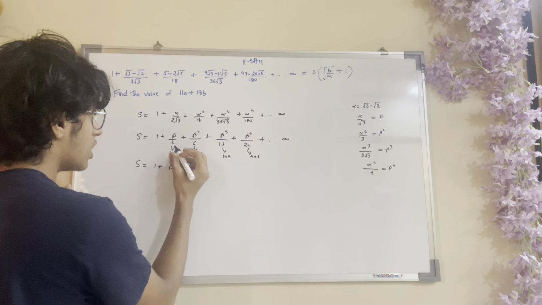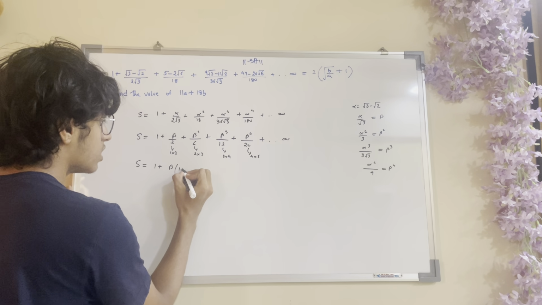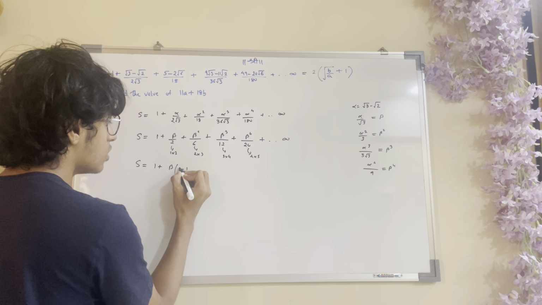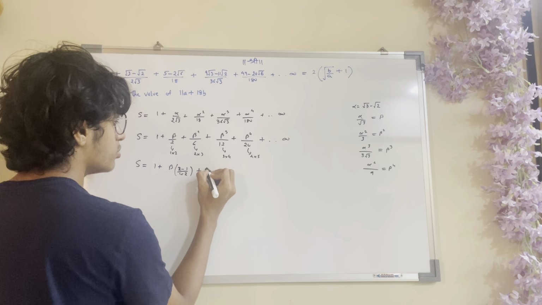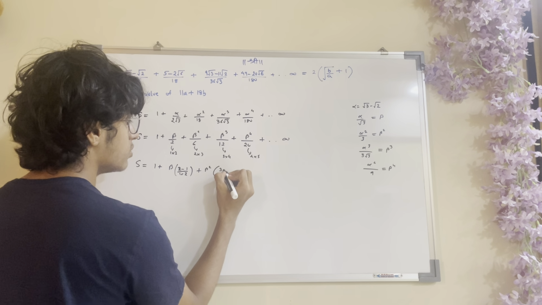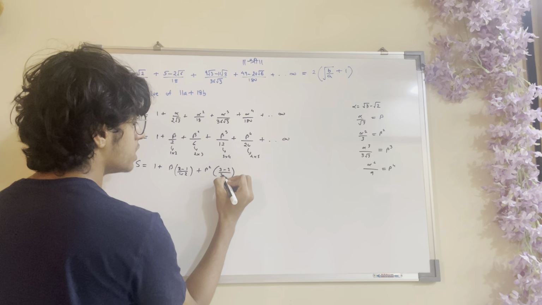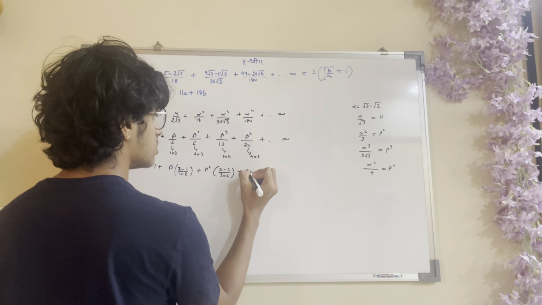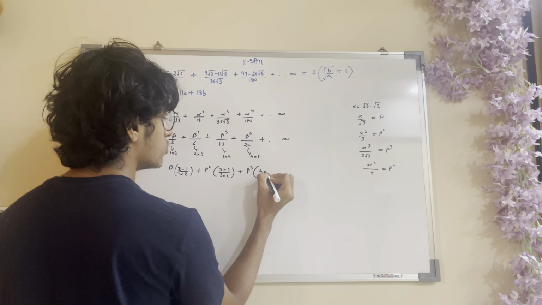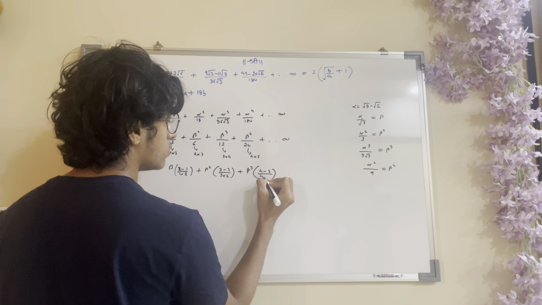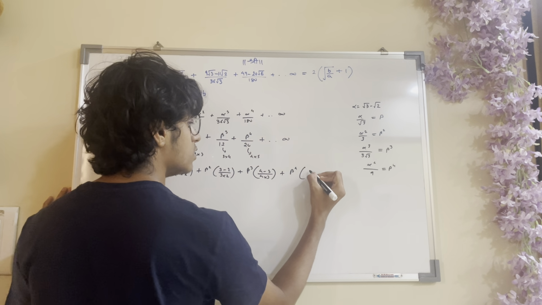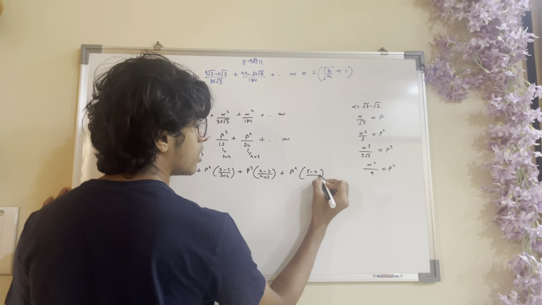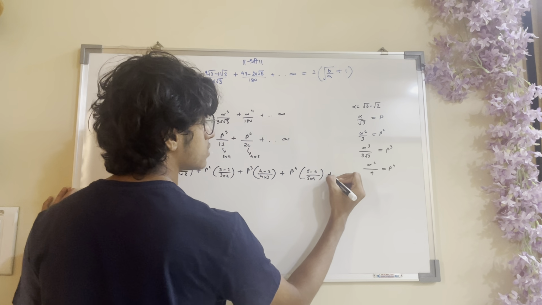That is, half can be written as (2 minus 1) by 1 into 2, plus beta square into (3 minus 2) upon 3 into 2, plus beta cube into (4 minus 3) upon 4 into 3. The next term would be beta power 4 into (5 minus 4) upon 5 into 4, and this goes on till infinity.